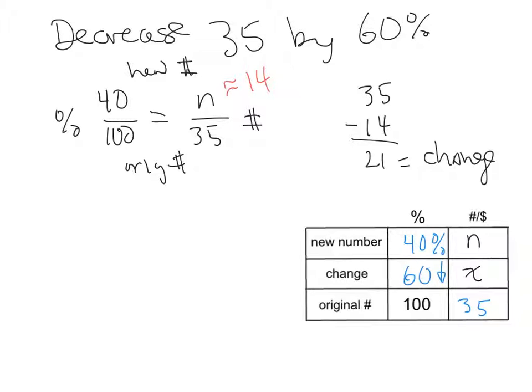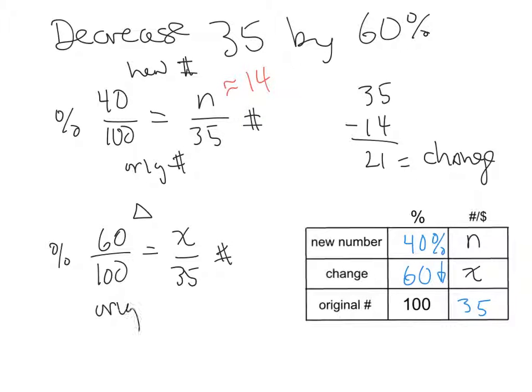So we should be able to find the change by doing 60 over 100 from our definition of percent change, and that should equal x over 35. This, of course, is the change, percent side, number side, and original number. And if you solve this proportion, you will get 21 precisely.